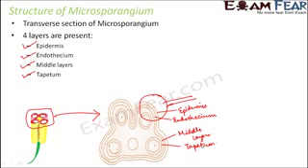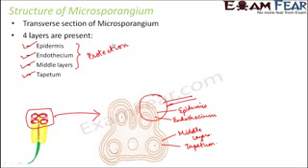Now, what is the purpose of having so many layers? Because the microsporangium is extremely delicate. What is the purpose of the male reproductive organ? To produce male gametes. And which part of the male reproductive organ produces the male gamete? It is the microsporangium. Just understand how significant it is. So it needs a lot of protection. So the first three layers, that is epidermis, endothecium and middle layers, ensure protection.